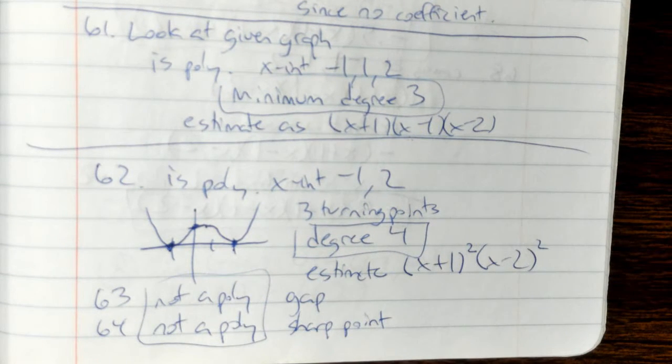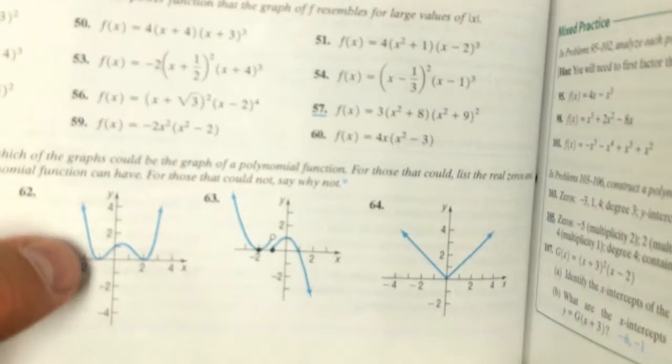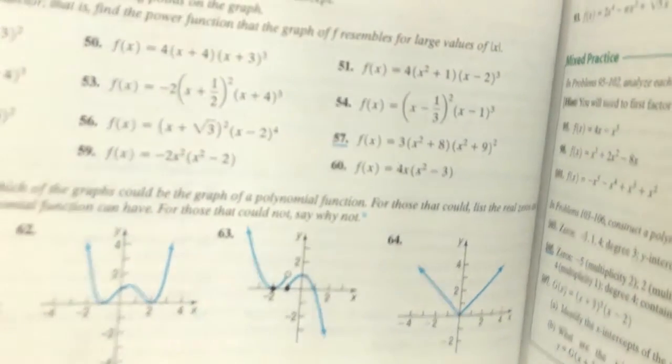The next one, okay, so this wasn't matching graphs, it's just a number of questions related to interpreting graphs. This one looks like a W, and it has x-intercepts at -1 and positive 2.